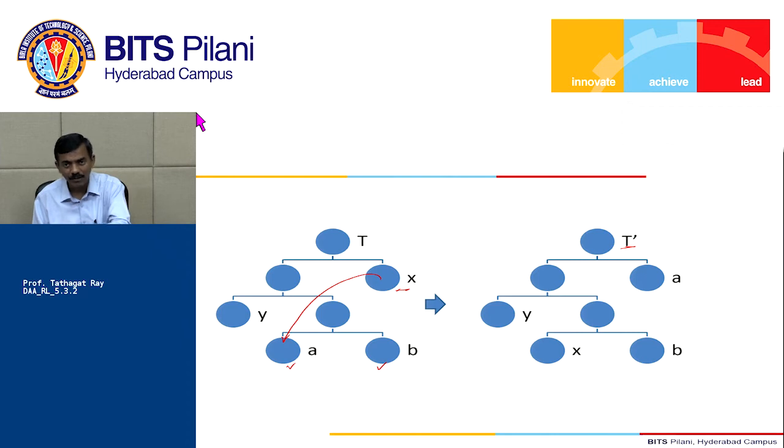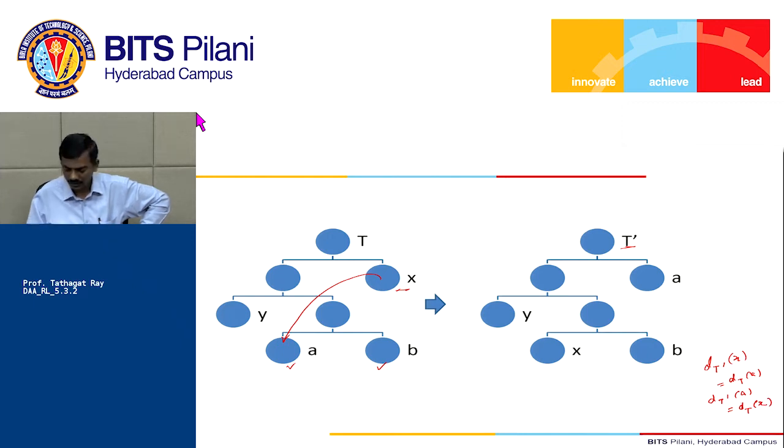It is the same as the depth of A in T. So dt prime x is equal to dta. Also, what is dt prime a? It is nothing but dtx.